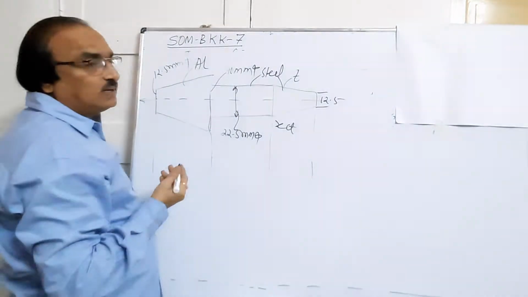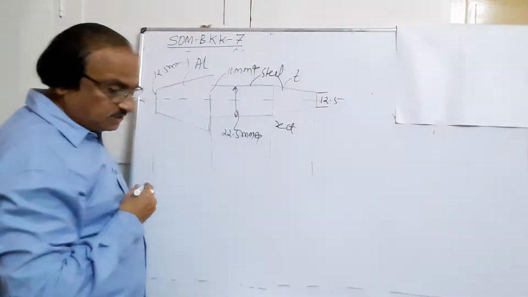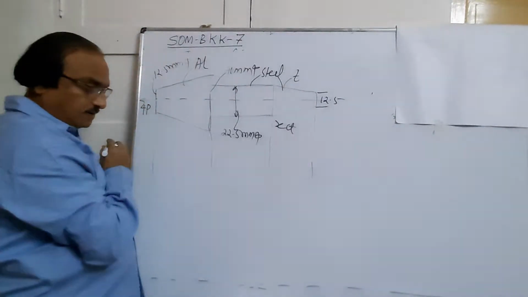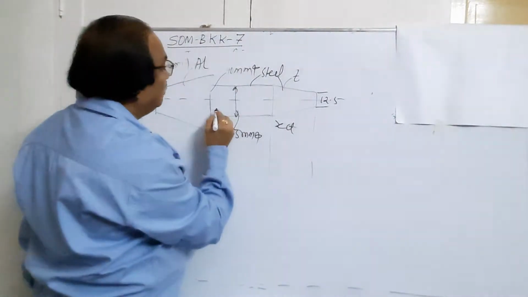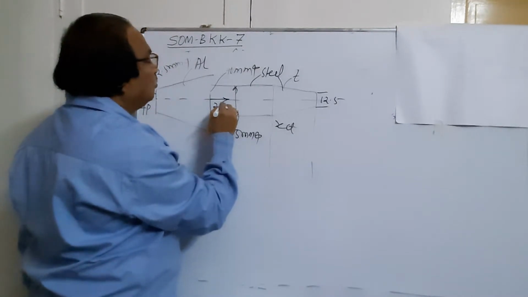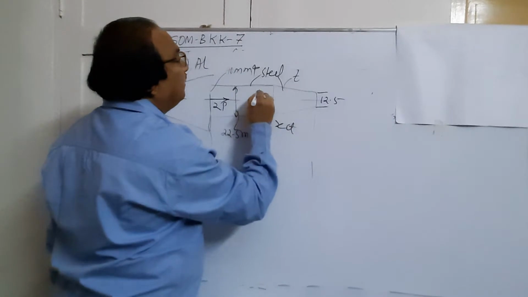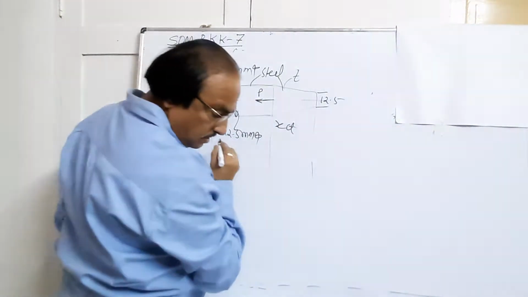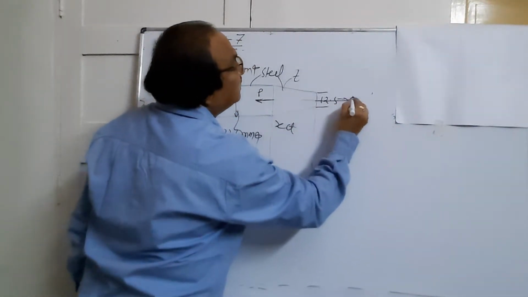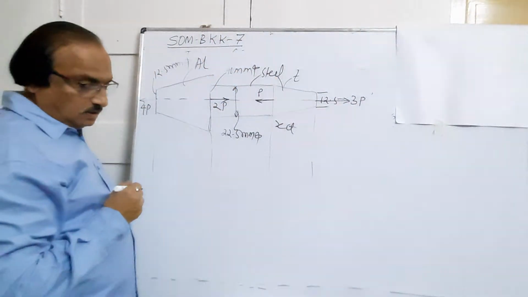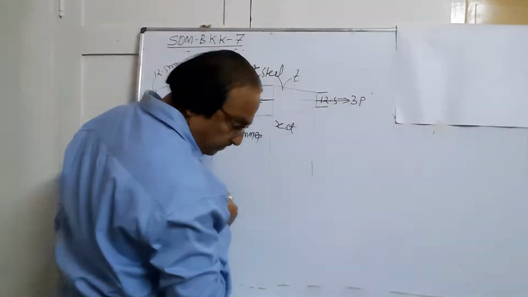Whenever there are different materials, the modulus of elasticity will change. Now here it is subjected to forces: 4P here, 2P here, P here, and here it is subjected to 3P.